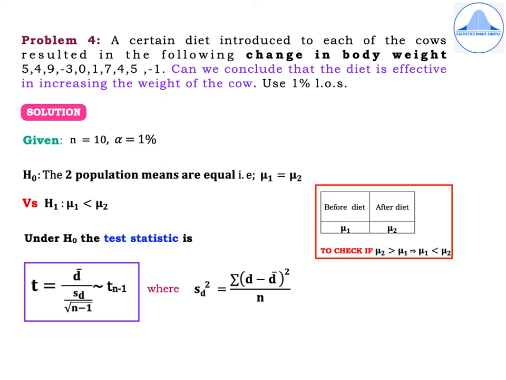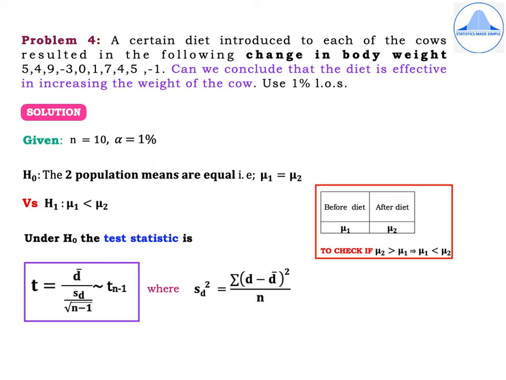The question asked is to check whether the diet is effective in increasing the weight of the cow. So in other words, you have to check if mu2 is greater than mu1, which means that mu1 is less than mu2.